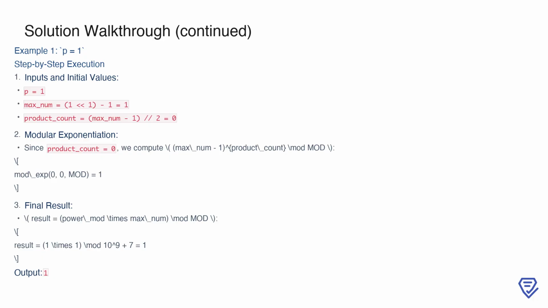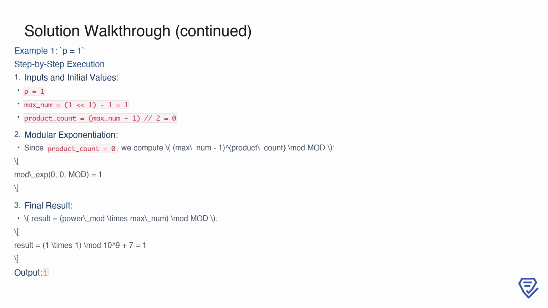To illustrate the solution, let's consider the case where p equals 1. Here, the largest number in the sequence is max_number equals 2^1 - 1 equals 1, and the number of terms contributing to the product, product_count, is calculated as (max_number - 1) / 2 equals 0.